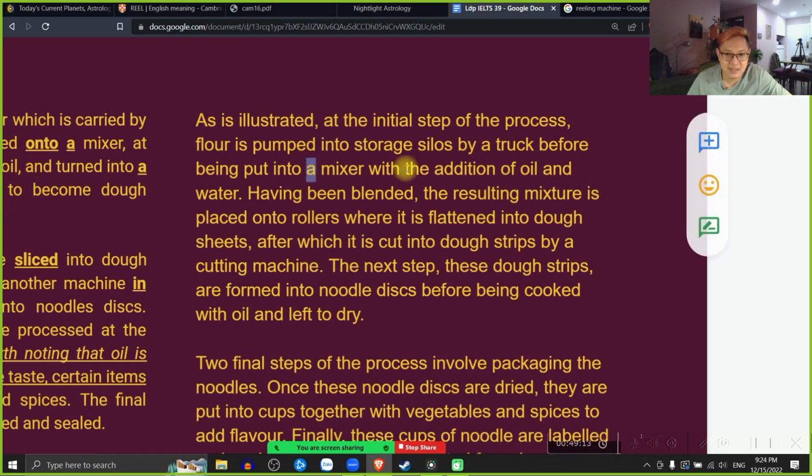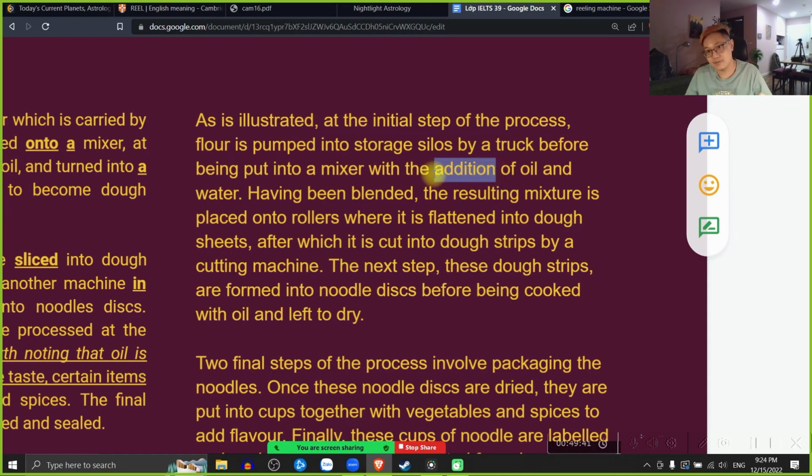Why is this A and this D? Who can explain why is A here but here, D here? Here, you're talking about a mixer for the first time, so it's indefinite. Here, you want to talk about what addition?